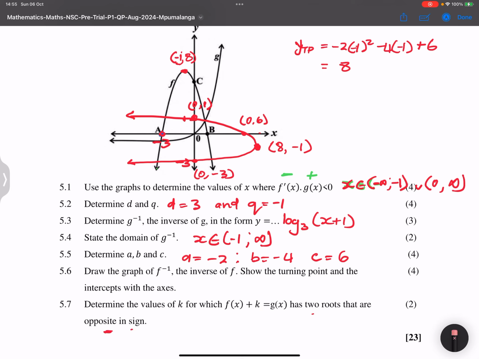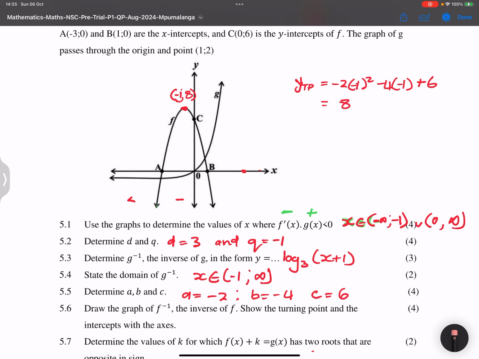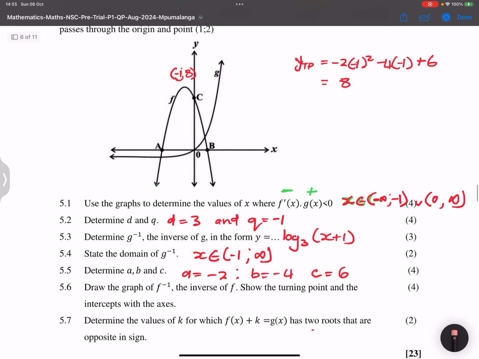Now where are the two graphs equal to each other? If you don't mind, I'm just going to remove the graph there. Hope you were able to follow it. Now I want my graphs to be equal to one another at 2 points, but the 1 point must be positive and the other must be negative.